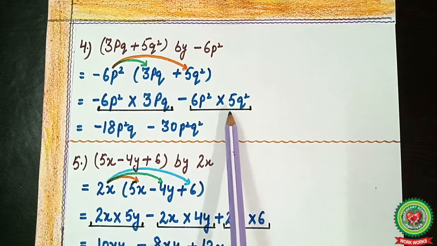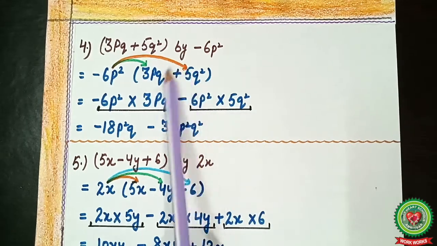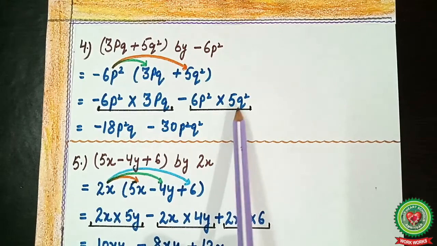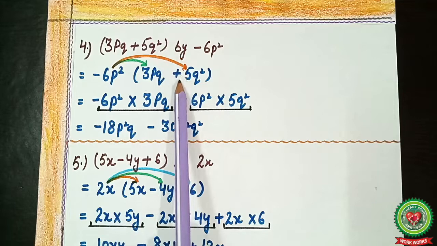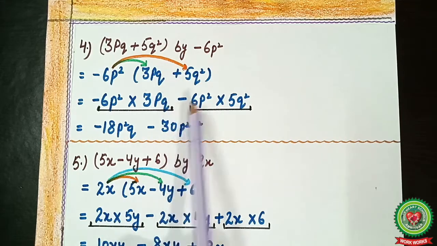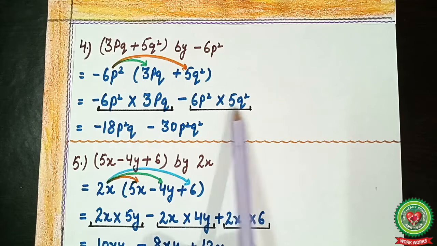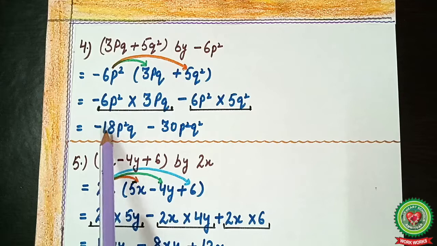So here one thing you have to be careful about, that you will not put plus sign again with 5q square, because we have just solved that if outer sign is minus, inner sign will be changed. So we have put already here minus sign, change sign, right? So you will not put plus or minus sign with 5q square. So next you will solve it with the same sign rule.